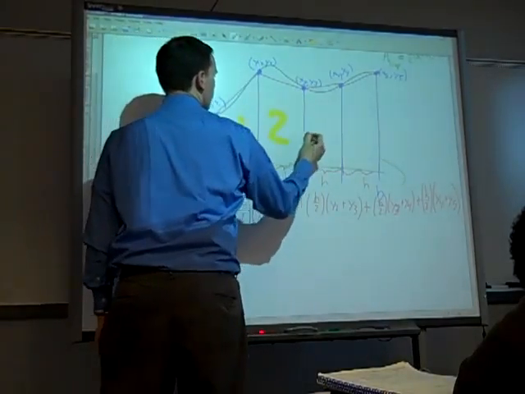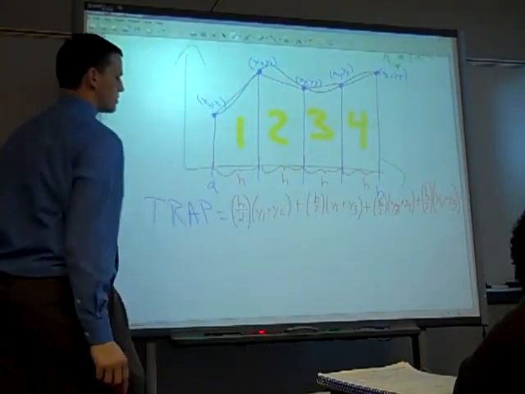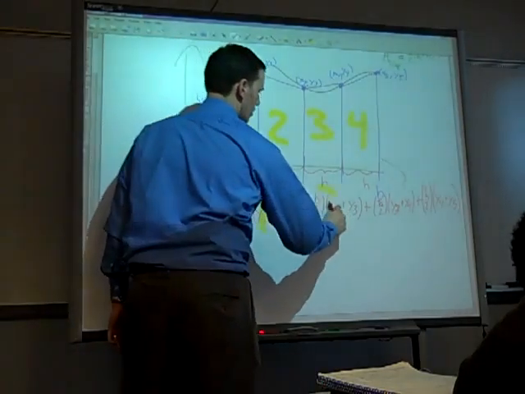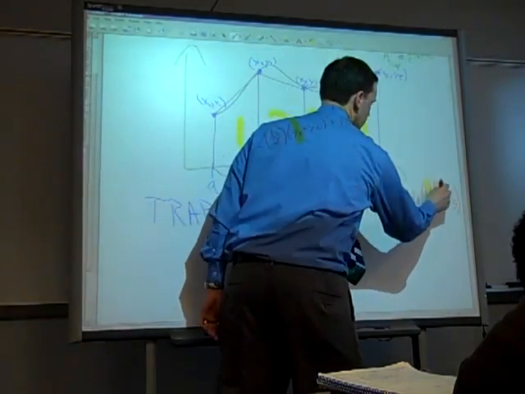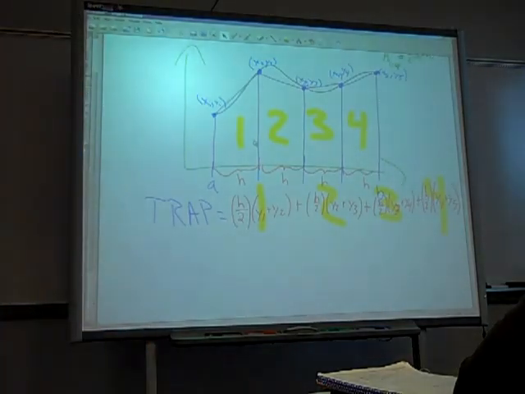So if we've got 4 trapezoids, this is 1, that's 2, that's 3, and that's 4. Does that make sense? Is that clear? Yes. Thank you. Okay.